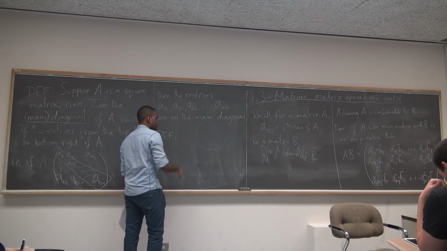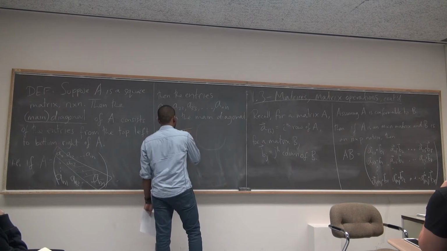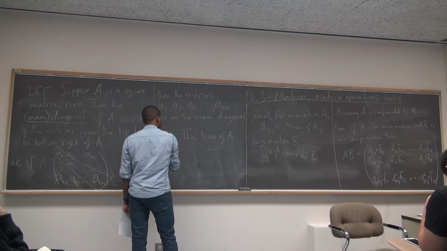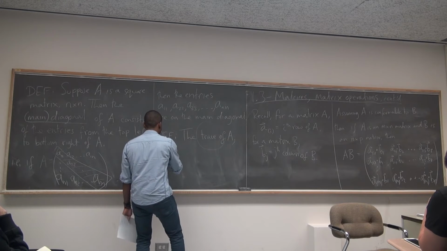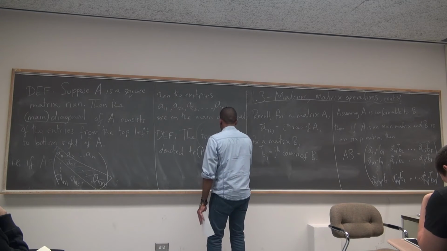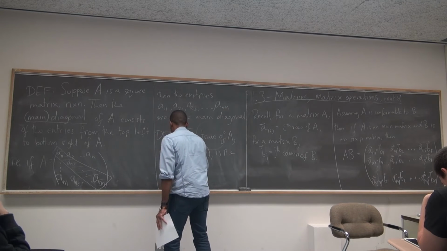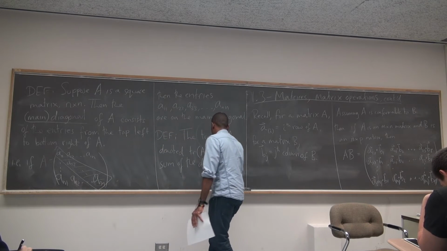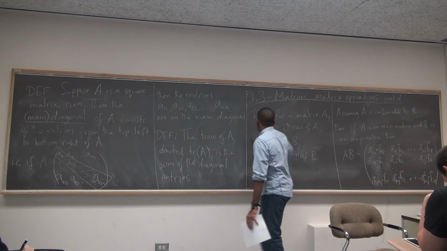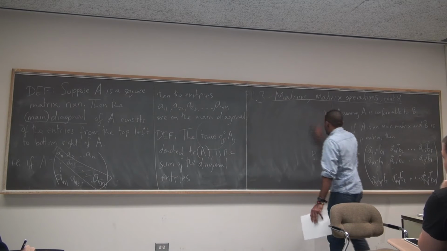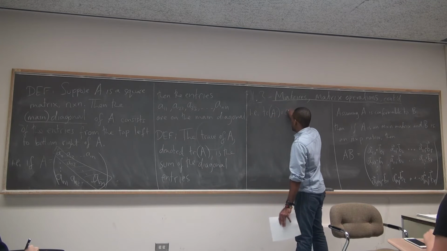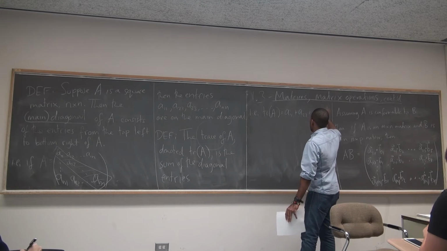There's another definition. Going back to the bonus on the quiz, the trace of A, which is denoted by that notation, is the sum of the diagonal entries. I.e., by definition, trace of A is just equal to A11 plus A22 plus all the way up to Ann.